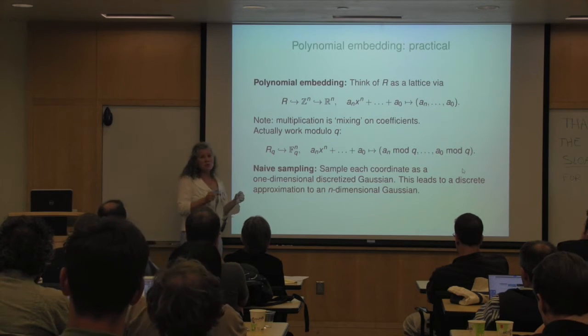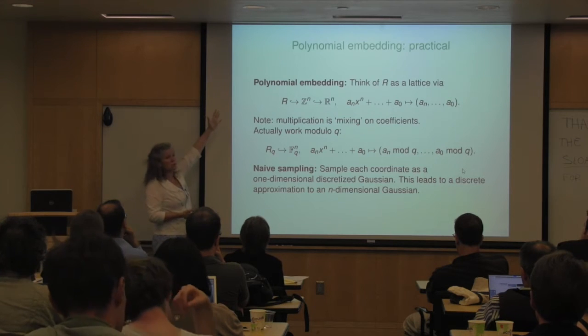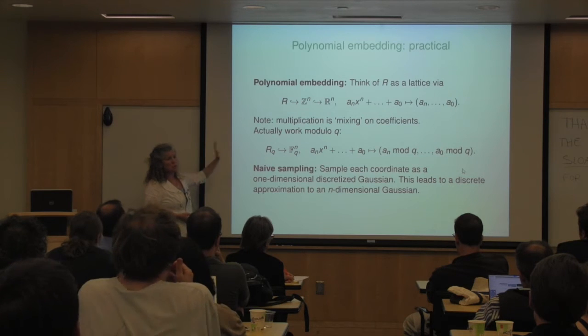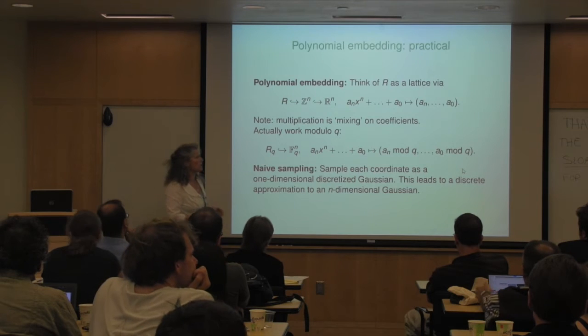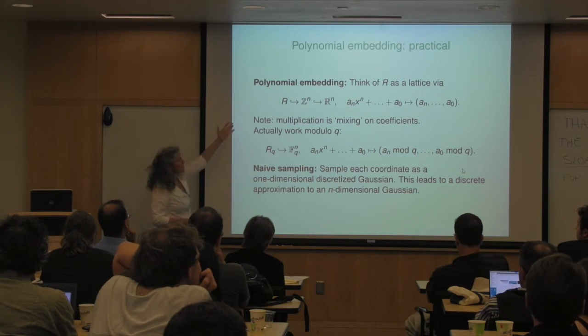Okay, for those of you that are not on the inside loop here, here's a description of what's called the polynomial learning with errors problem. It was introduced by Brakerski and Vaikuntanathan in their original construction of the homomorphic encryption scheme. And this is exactly what I said.